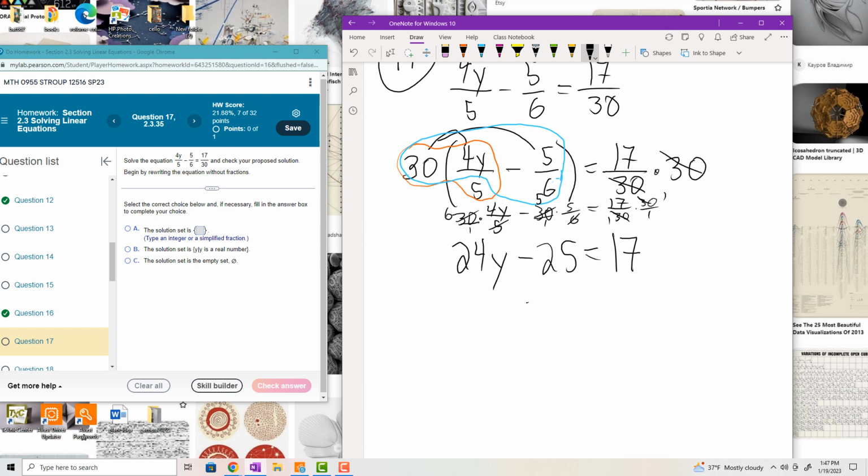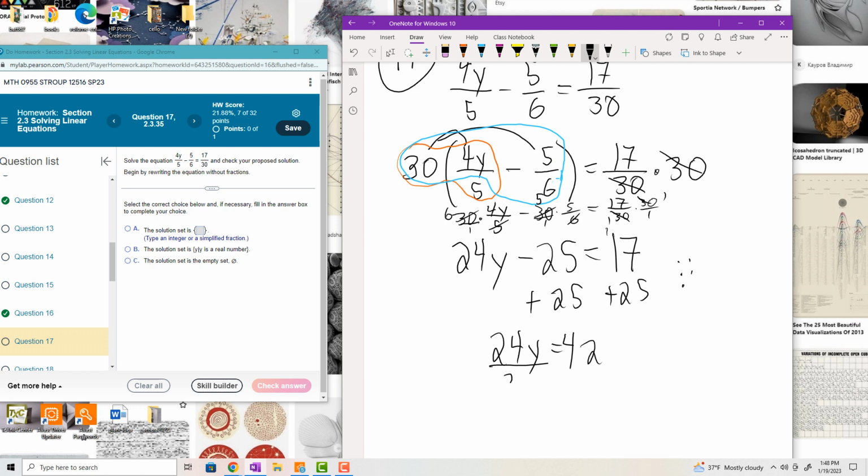Okay. Now I'm going to isolate the variable term. So I'll add 25 to both sides. So I get 7, 8, 9, 10, 11, 12. Carry the 1. And then 1, 2, 3, 4, 42. And then I want to divide to isolate the variable.